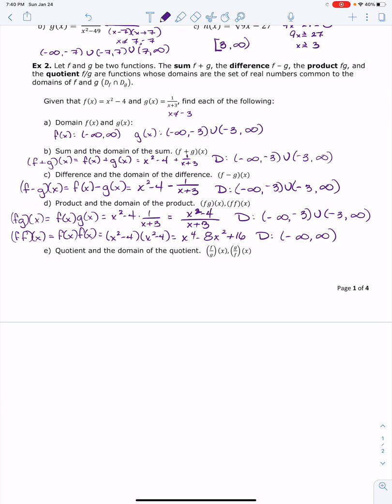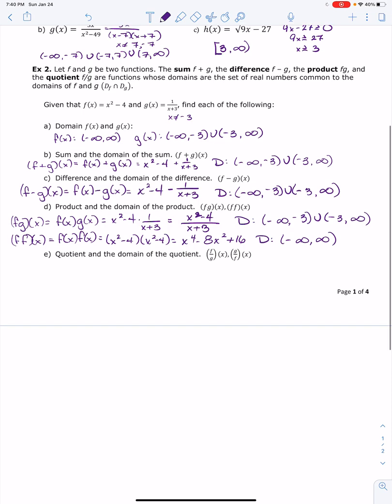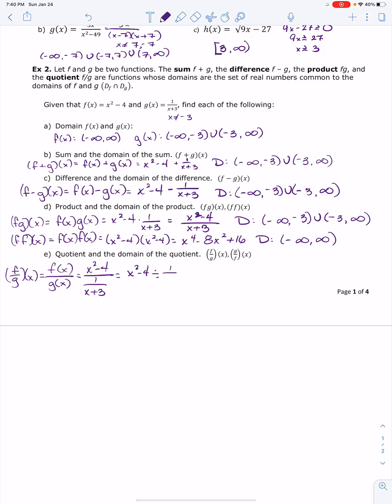So quotient here, and this is where we may have a bit of an issue. We've got f over g of x. So f of x over g of x. x squared minus 4 divided by 1 over x plus 3. I'm going to write this out once, just as a reminder.